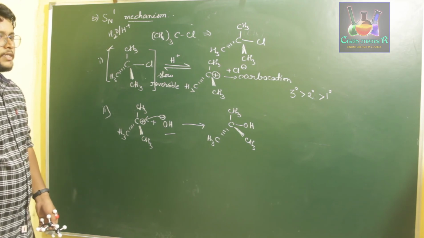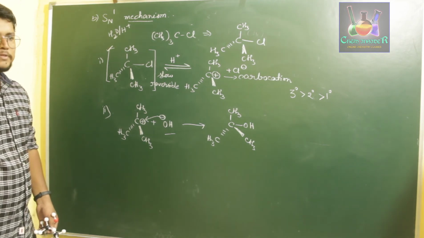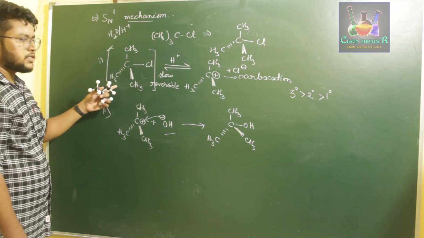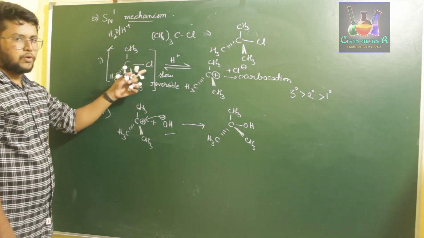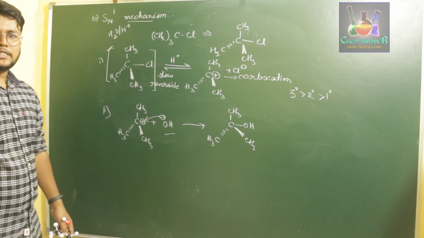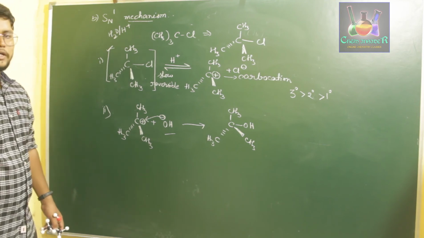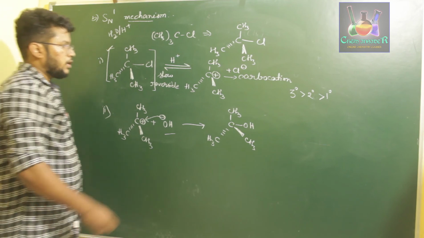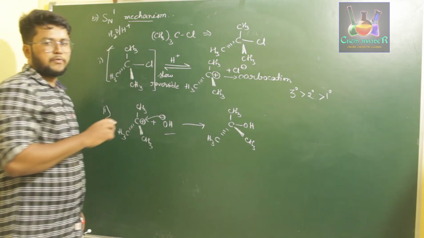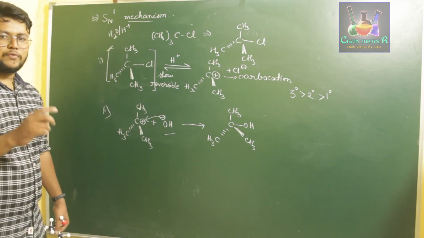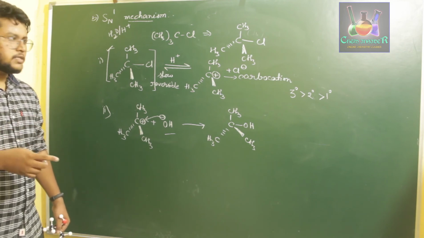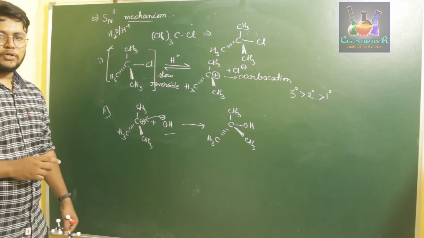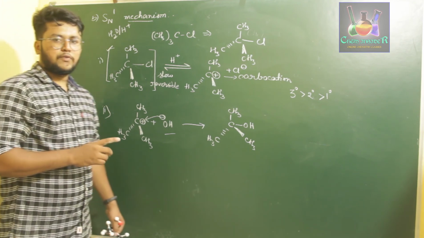For the SN1 mechanism, what we observe further is that the more CH3 groups present on the carbon with the chlorine bond, the more stable it is and the higher the reaction rate. In the previous case of the SN2 mechanism, if the compound is a tertiary butyl compound, the rate of reaction will be less. But in the case of a tertiary butyl compound in the SN1 mechanism, the rate of reaction is higher.